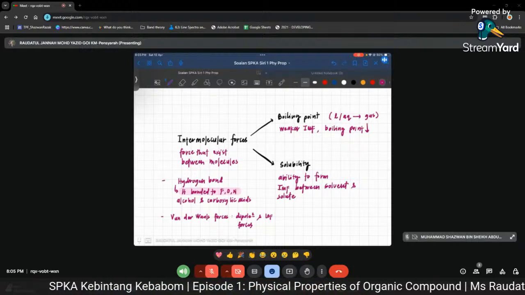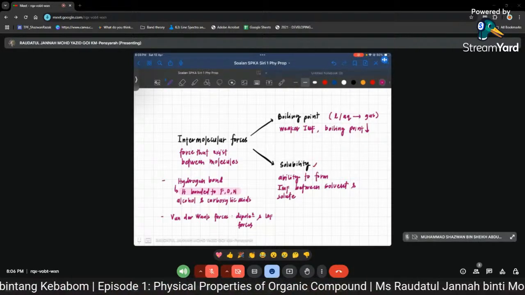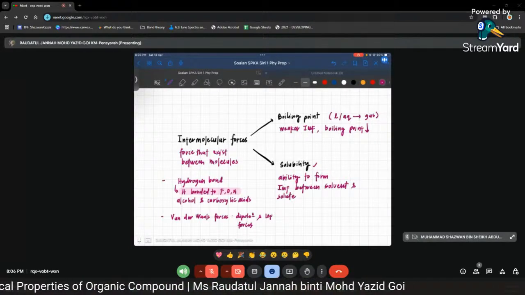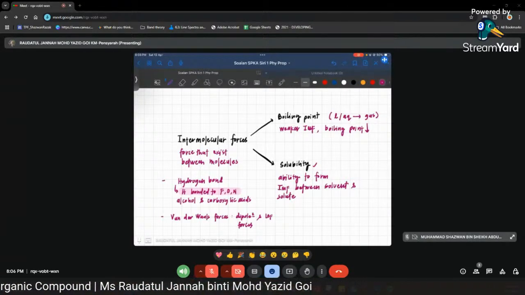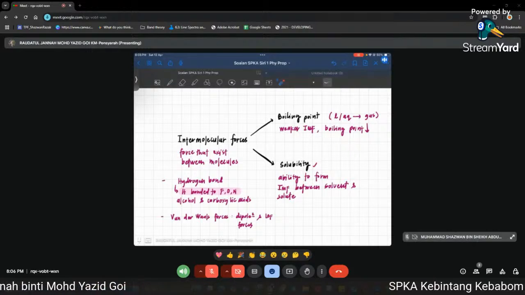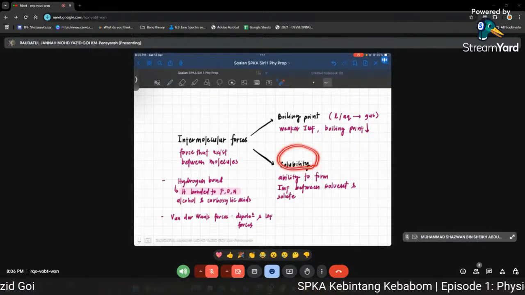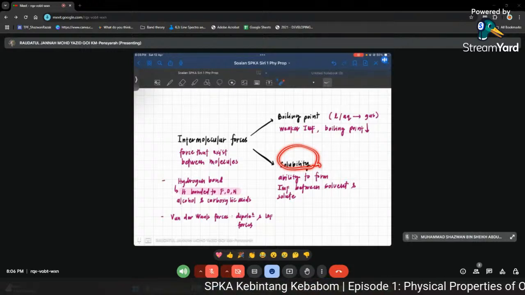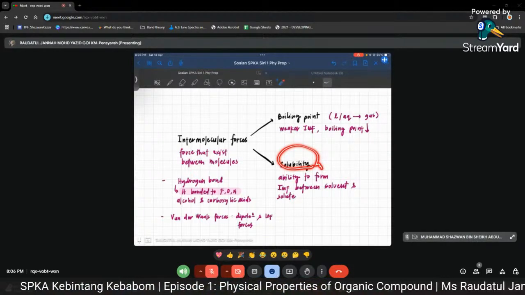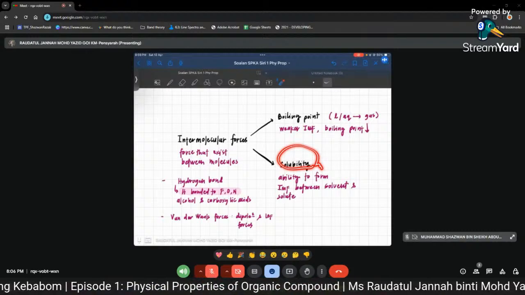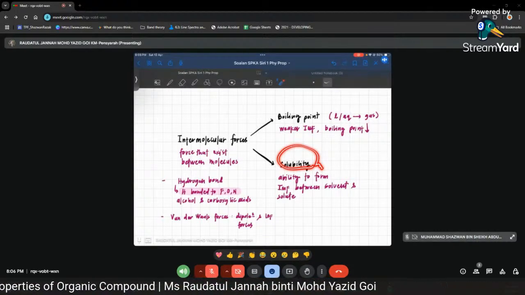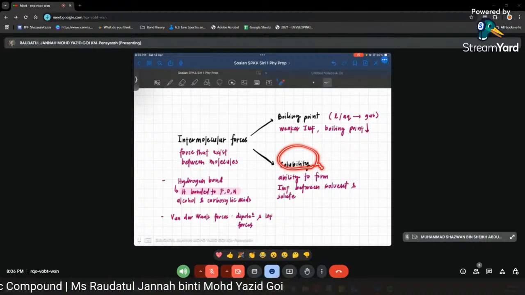But for solubility, actually it's a bit difficult for you to imagine in terms of solubility sebab mata kita tak boleh tengok macam mana solubility works. But to make things easy, you can just imagine how your molecules that we are interested in ada ability tak untuk form intermolecular forces with the solvent molecule. So contohnya kalau kita guna water as our solvent, adakah your molecule can form hydrogen bond with water?